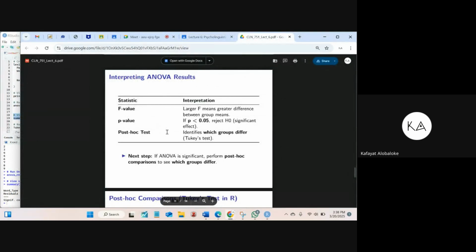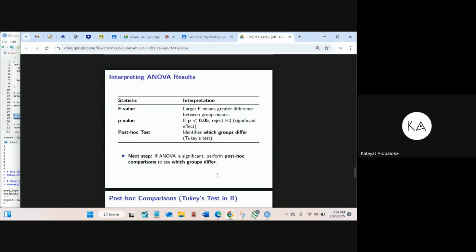So you are right, but in statistics, if our F value is large, like we mentioned, it suggests that the differences between the means are greater. If the F value is close to one, it means that the between-group variance is similar to the within-group variance.